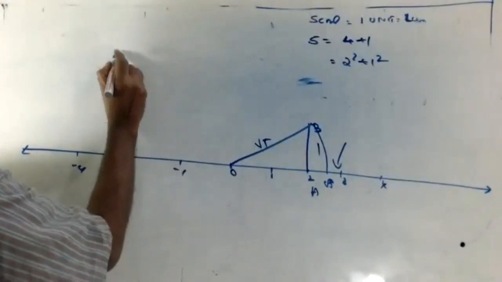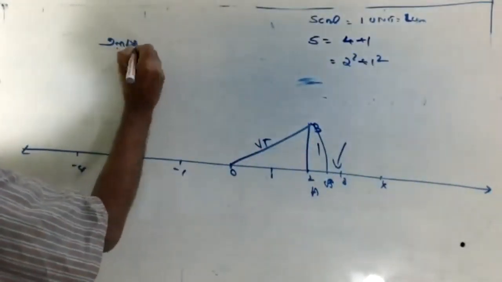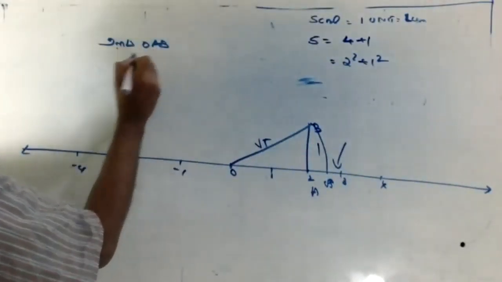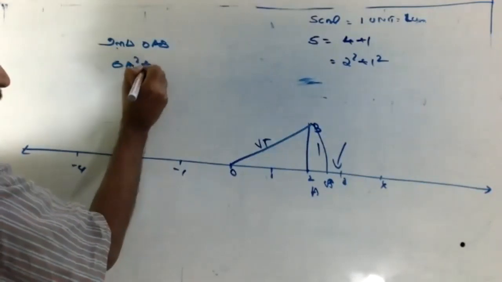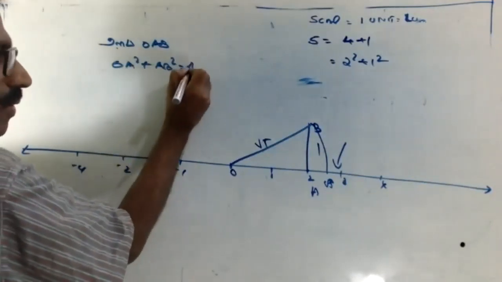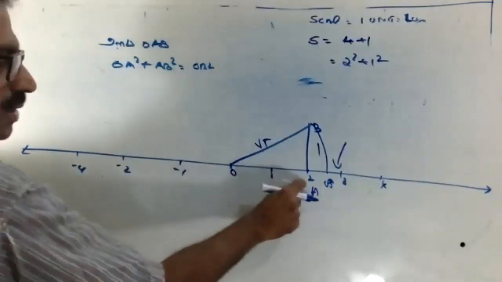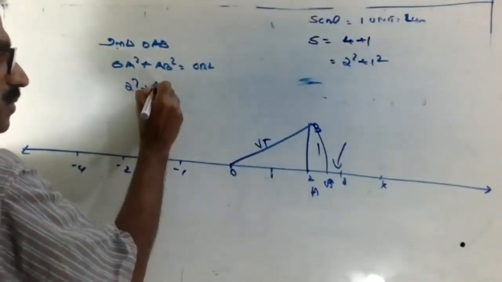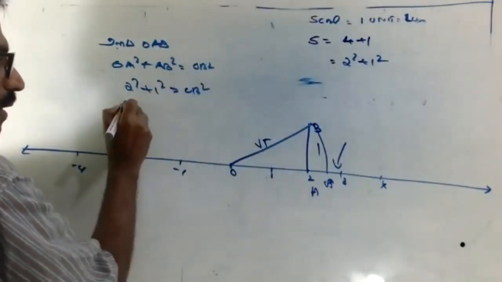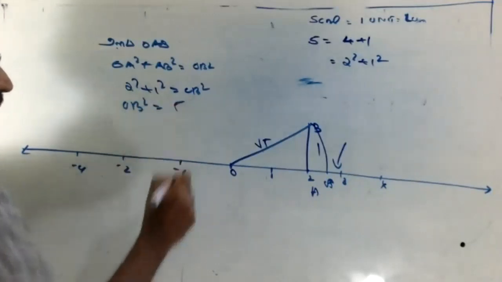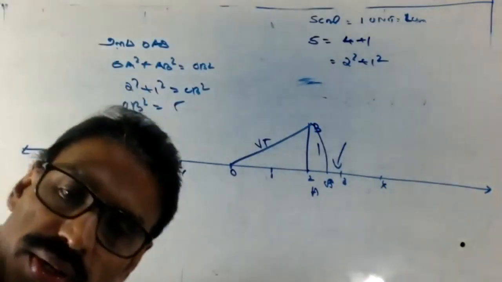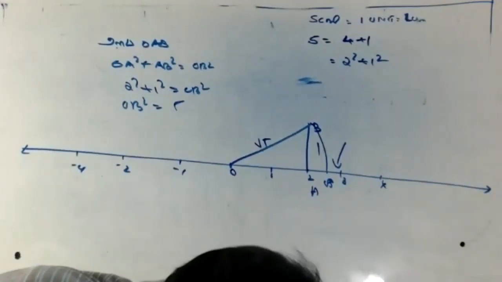Proof: in triangle OAB, OA square plus AB square equal to OB square. This one 2. 2 square plus 1 square equal to OB square. Therefore, OB square equal to 5, OB equal to root 5. Draw now.